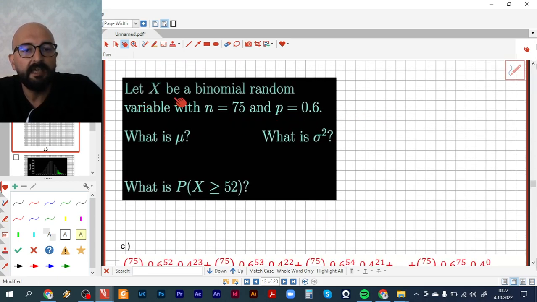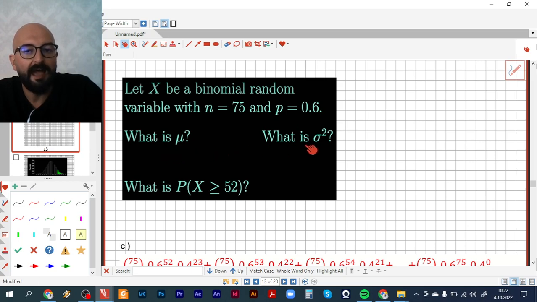Let x be a binomial random variable with n, the number of trials, 75, and probability of success 0.6.